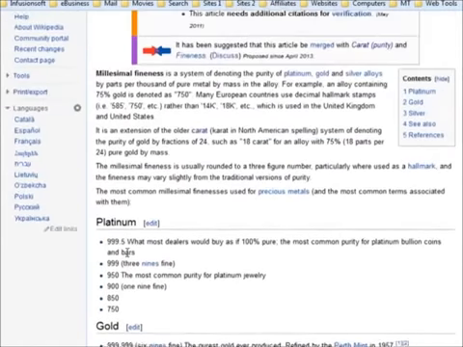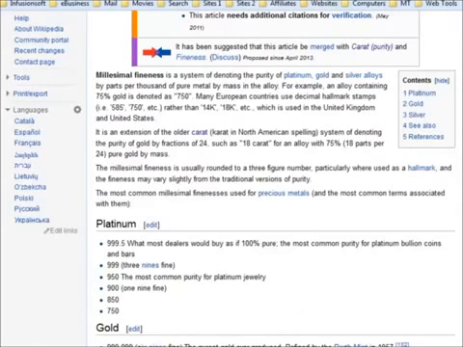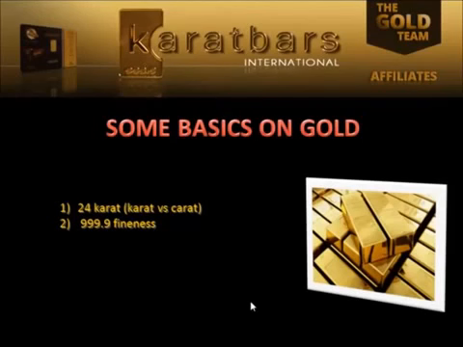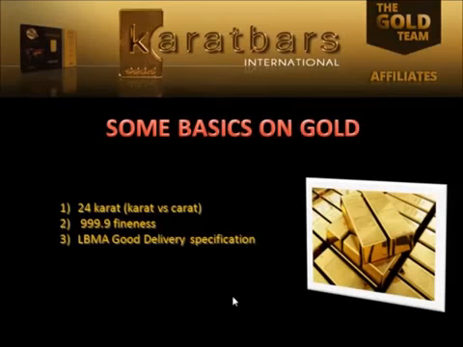So that's the fineness, or where you get the 999.9. It is parts per thousand. So in other words, it's 99.99% pure.